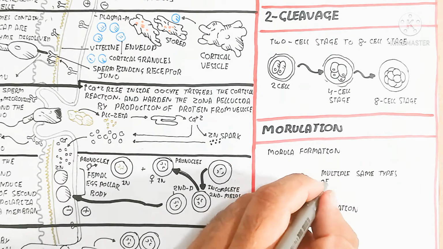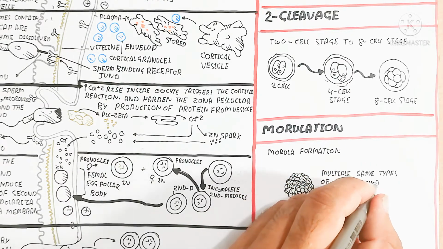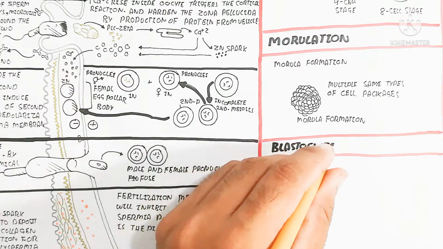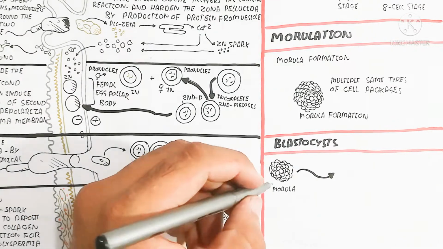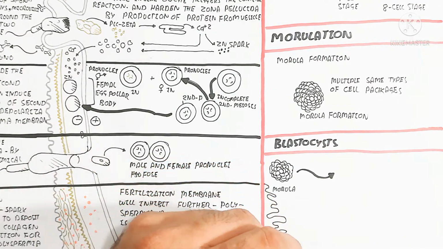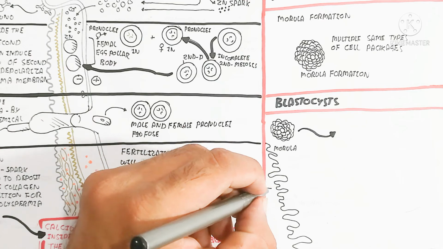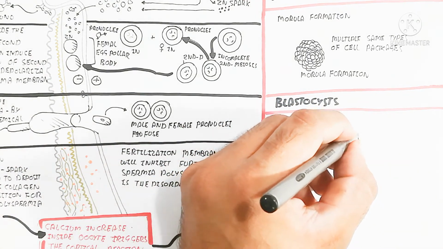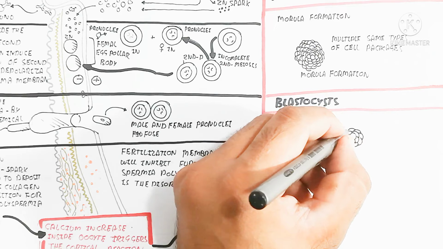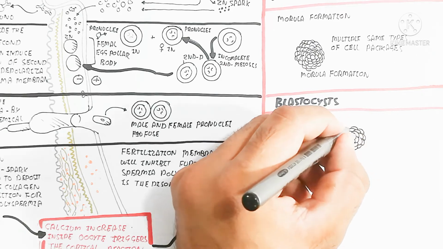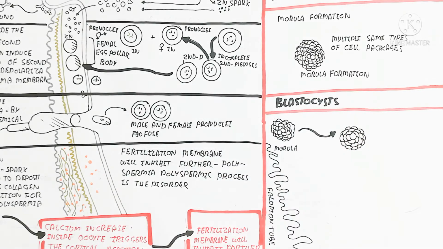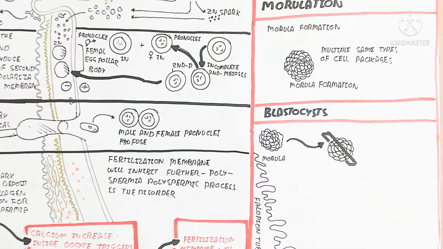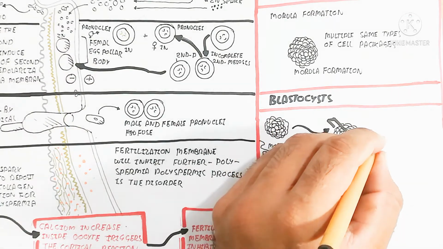After the morula forms in the fallopian tube, it forms the blastula. If we look at the cross section of the blastula, the blastocele is present inside, and that blastocele contains fluid. As the blastocele expands, the blastula becomes a blastocyst.